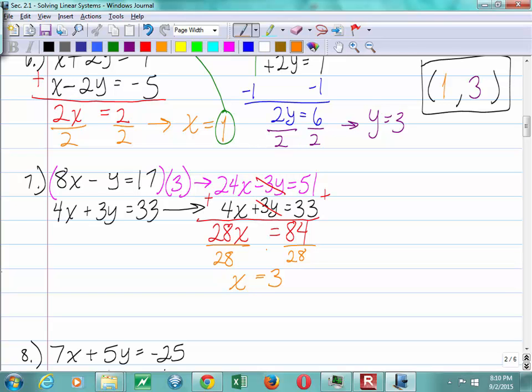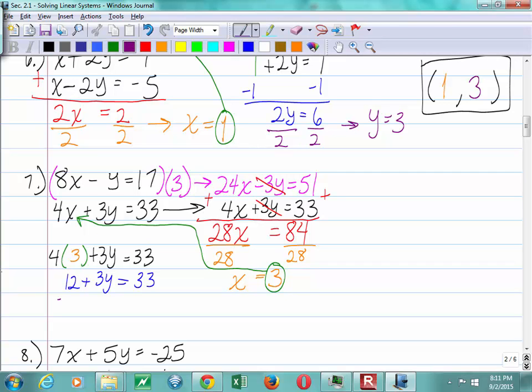So now that I know that x is equal to 3, I can take the 3 and I can plug it in place of x in either one of my original equations. I'm going to go ahead and use the second equation. So that's going to be 4 times 3 plus 3y equals 33. And now I'm going to solve for y. So that's 12 plus 3y equals 33. And then subtract 12 from both sides.